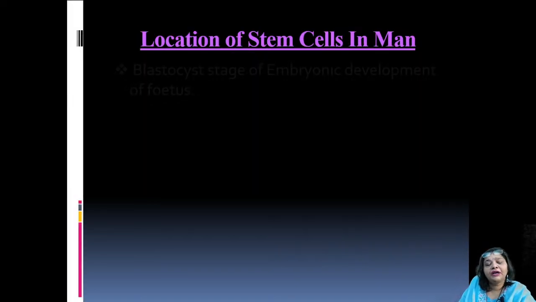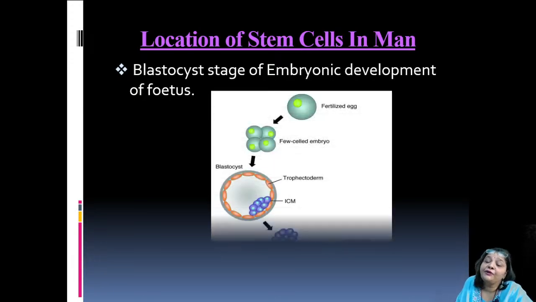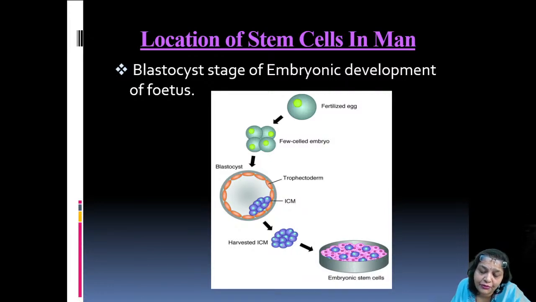Another location of the stem cells is the blastocyst stage of the embryo during the process of embryonic development of the fetus, wherein you can see, of course, as I told you earlier, the fertilized egg. When the zygote starts dividing and redividing, it slowly grows into the 2-cell, 4-cell, 8-cell, 16-cell stage of the embryo.